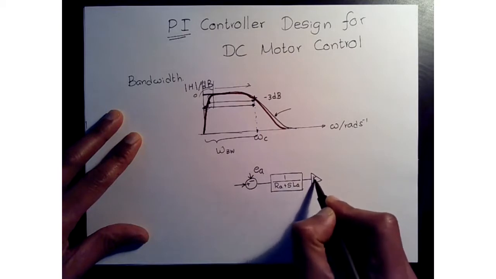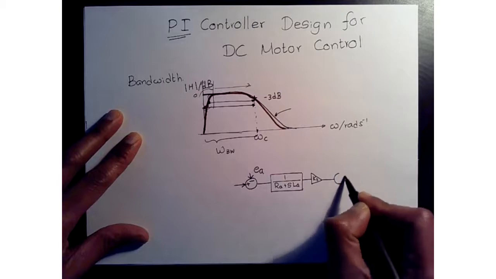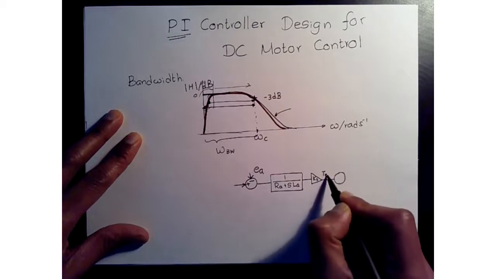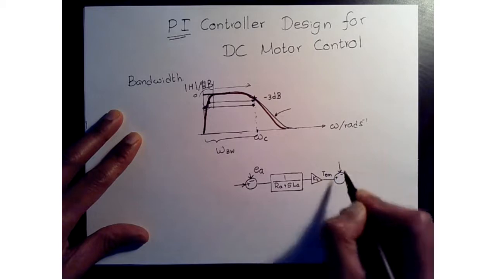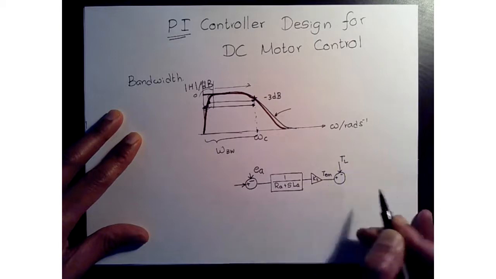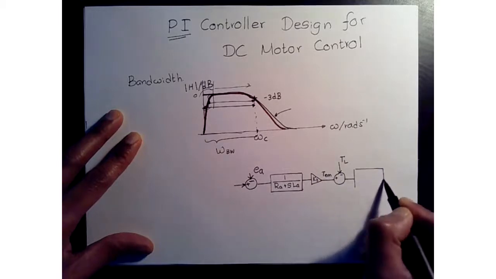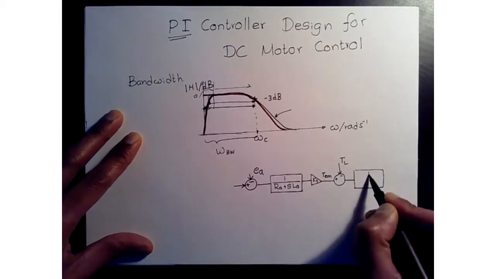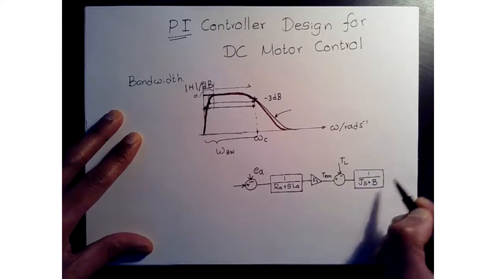And then we have KT. Right? And then this is our electromagnetic torque, TEM. This is my load, TL. And then this passes through my inertia and damping.